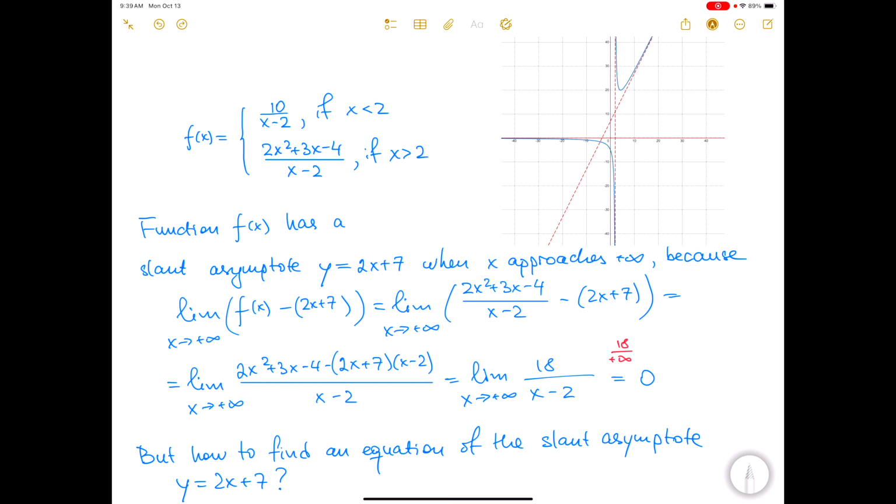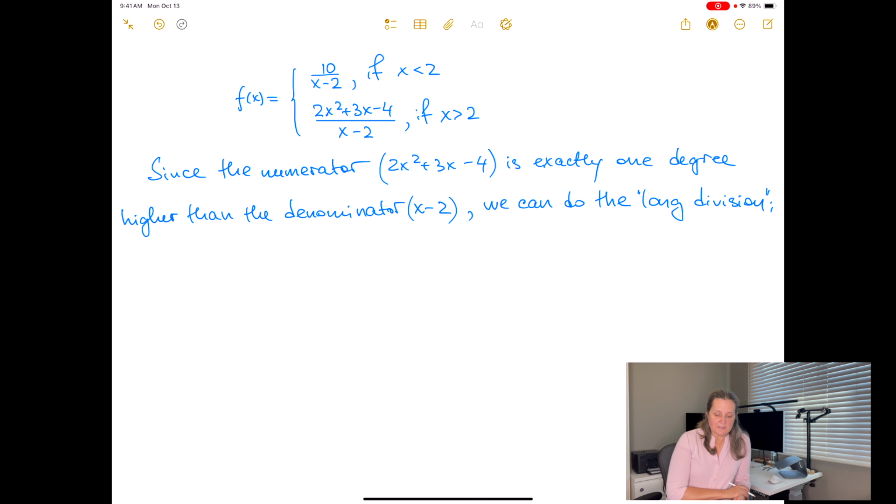But how do we find the equation y equals 2x plus 7 of the slant asymptote for the function f of x as x goes to infinity? The function f of x is defined by the quotient 2x squared plus 3x minus 4 divided by x minus 2. This is a rational function where in the numerator we have a polynomial of degree 2 and in the denominator we have a polynomial of degree 1.